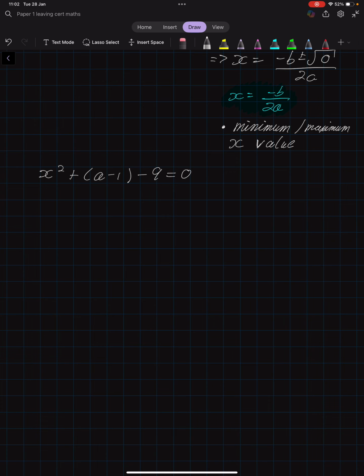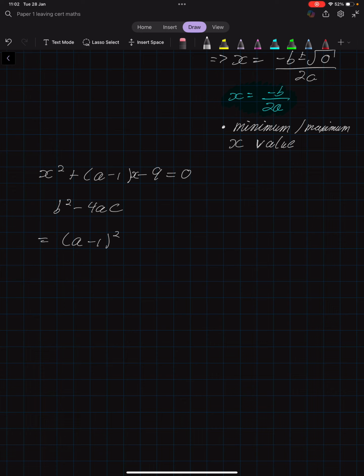First, they want to know what the discriminant is, and then what values of a it can take to give you 2 roots, 1 double root, or no roots. So if I do b squared minus 4ac, I get a minus 1. Remember, b is the, sorry, there should be an x there. Sorry, that's my fault. Okay.